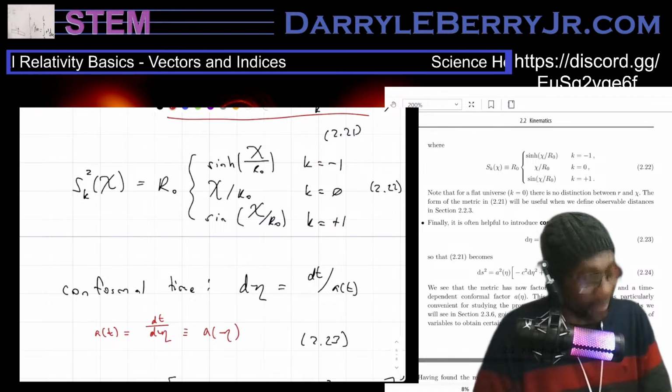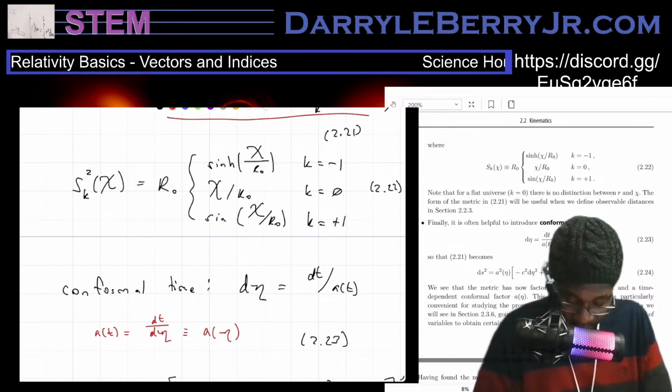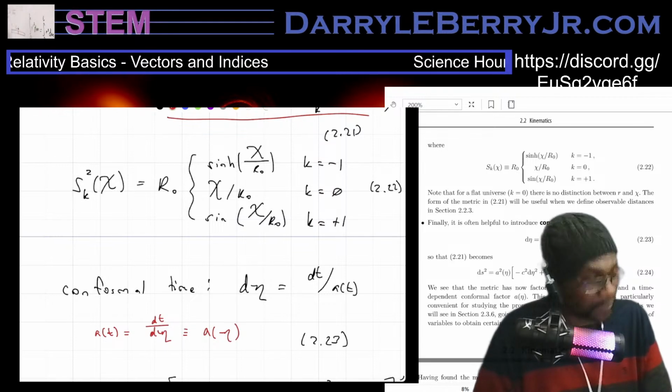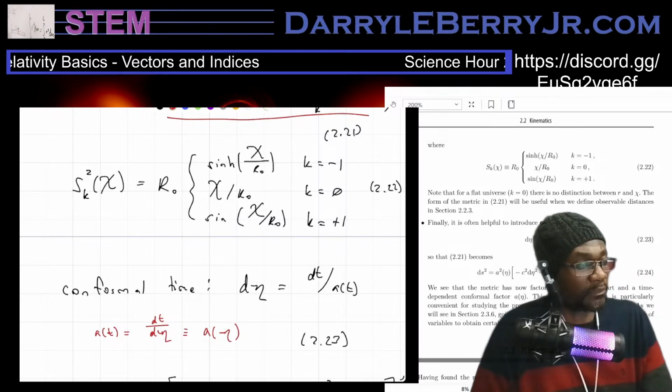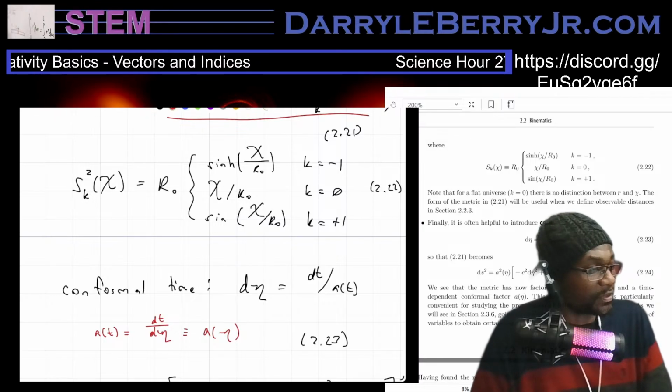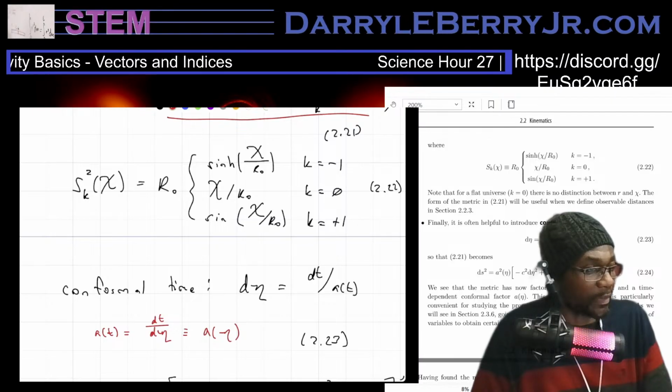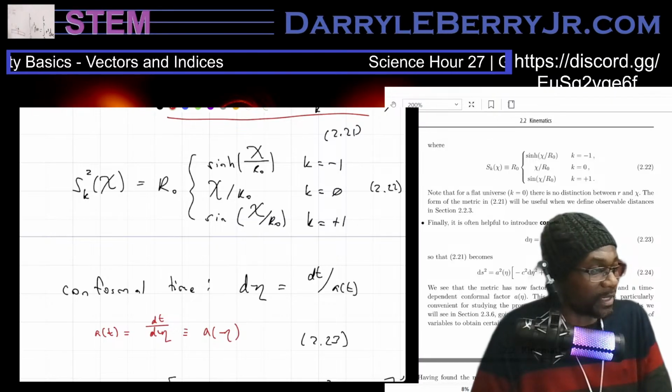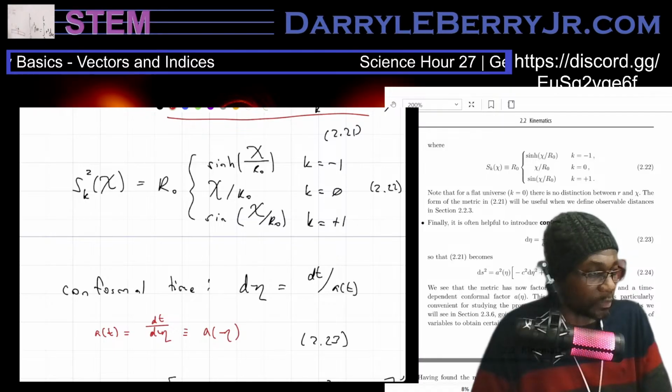We can see now that s k of psi has the negative, zero or positive term to bring in the different types of universes. Note that for a flat universe, k equals 0, there's no distinction between r and psi. The form of the metric in 2.21 will be useful when we define observable distances in section 2.2.3.